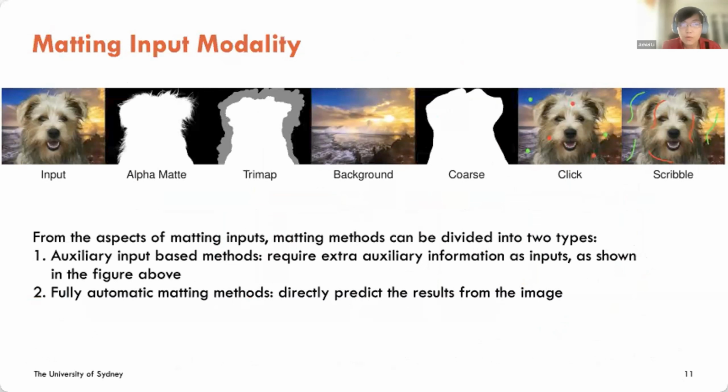These methods require extra auxiliary input information from users, as we can show from the figure, like some of them using trimap, some using background, a cost map, a click, or scribble. Another type is what we call fully automatic matting methods. In this type, they directly predict the results from the image.